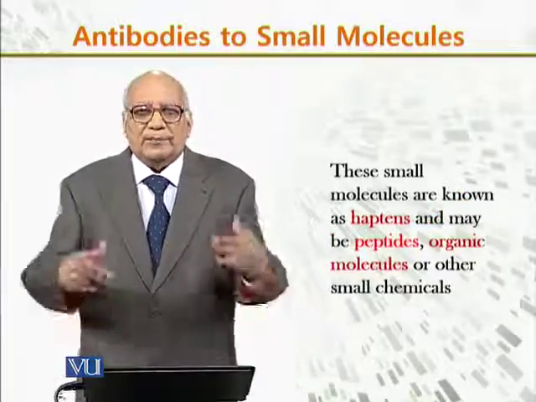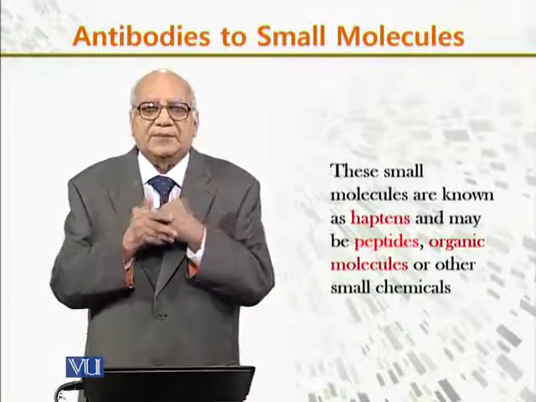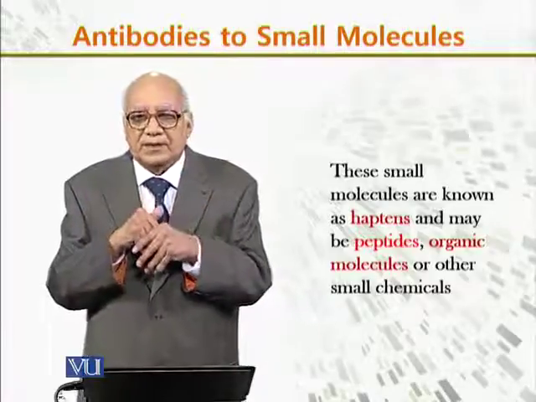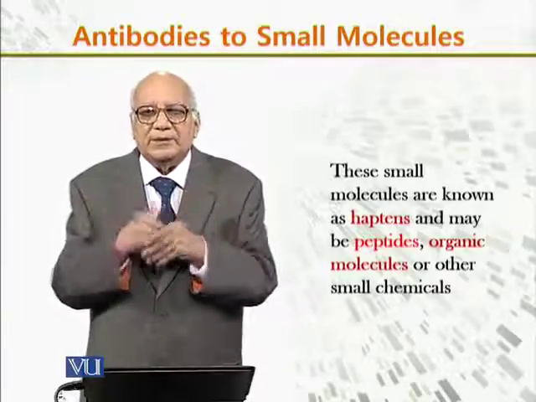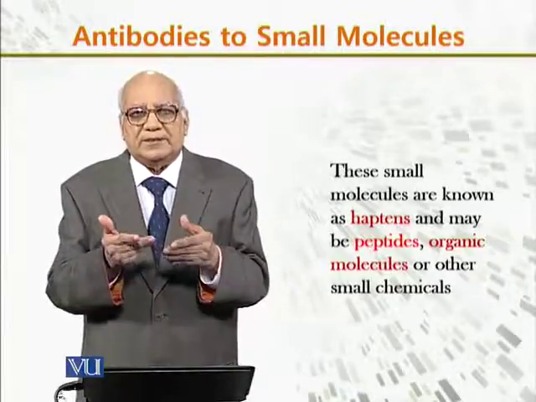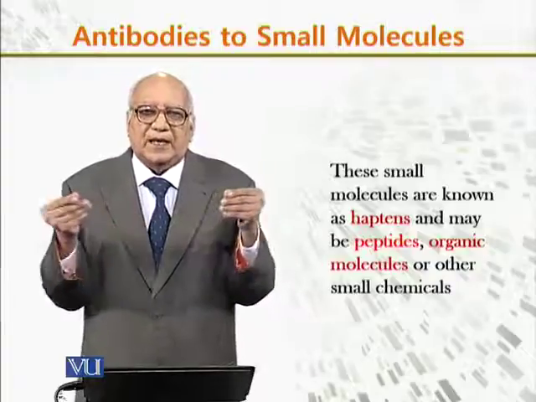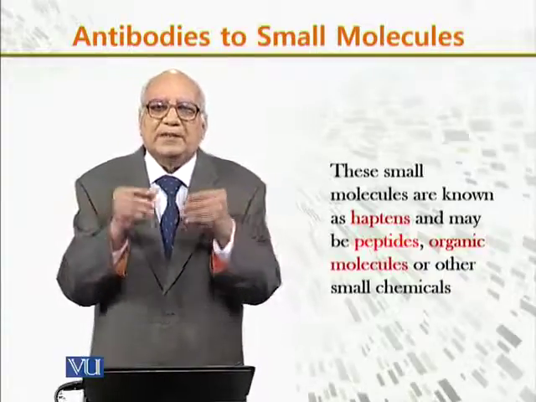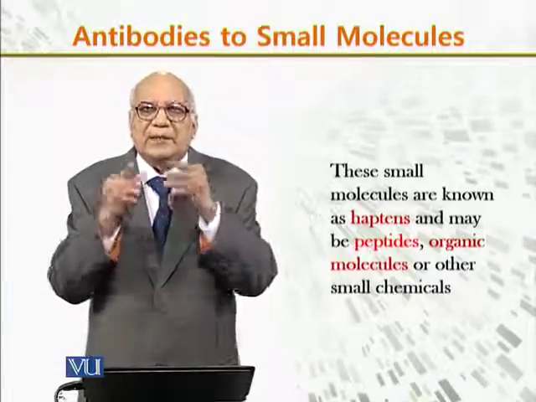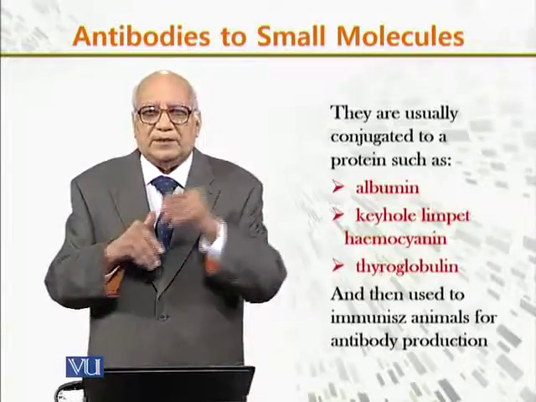Now, these small molecules are known as haptens, and may be peptides, organic molecules, or other smaller chemicals. So you combine these small molecules with carrier proteins to make the conjugate larger than 2000 Dalton.